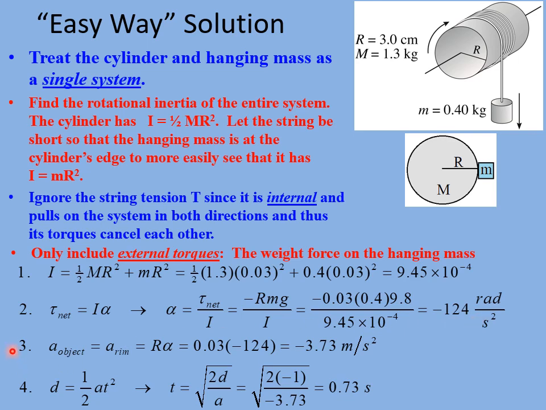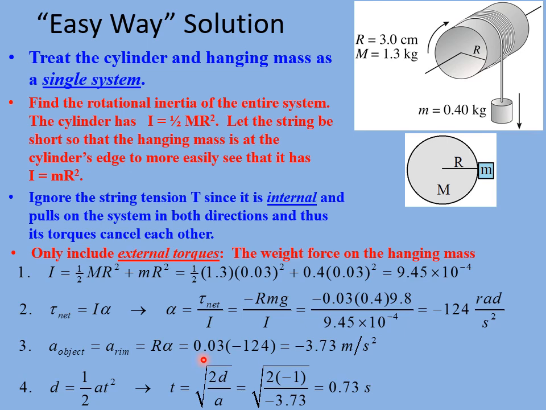We're done now with the dynamics. The last step here is just to do the kinematics of the problem. We know that the object here is going to accelerate at the same rate as the rim up here, that is the rope that's unwinding. And so remember from a few slides ago, the acceleration of the object is equal to the radius times alpha, which is the angular acceleration.